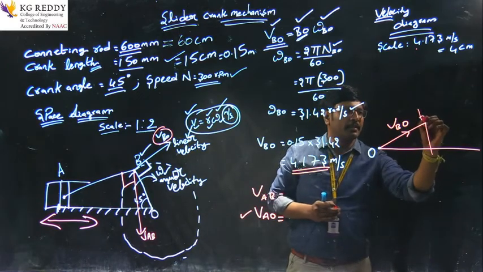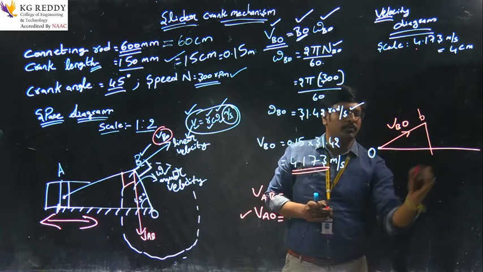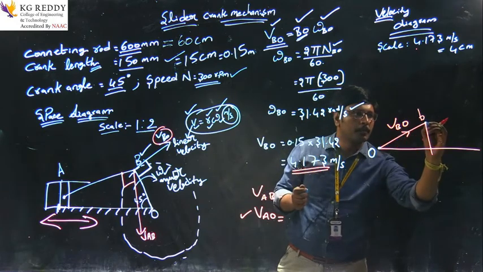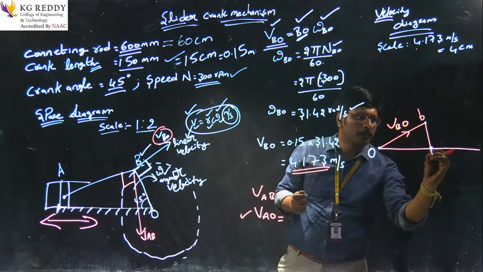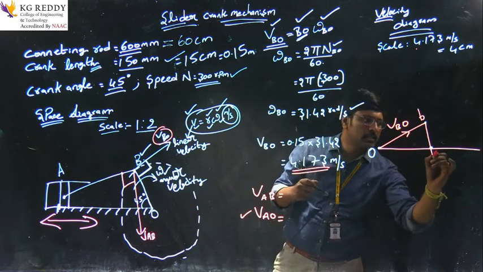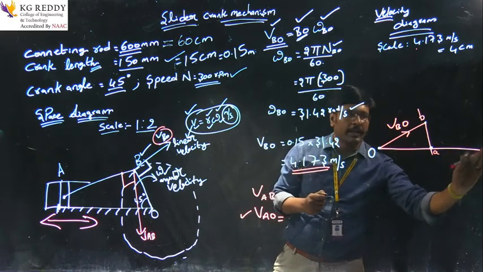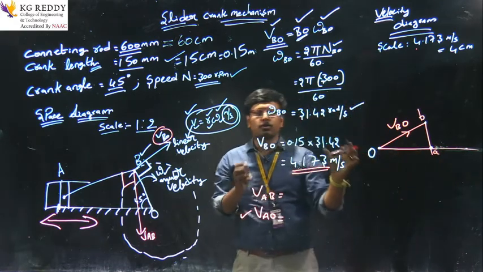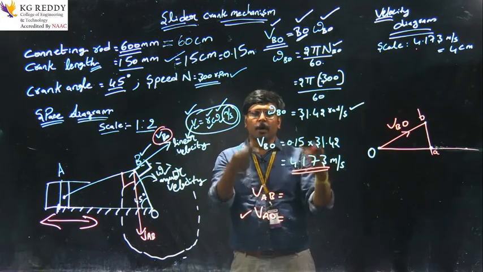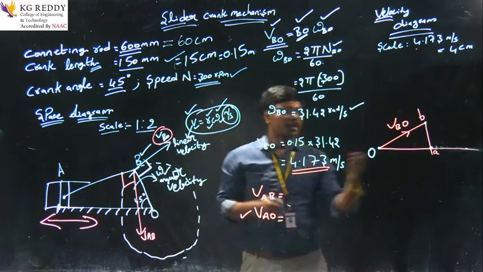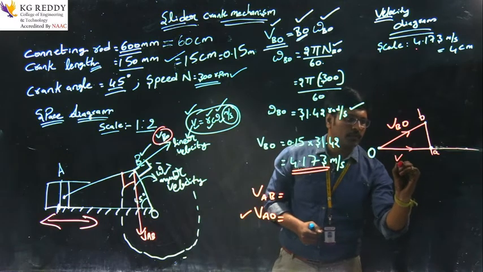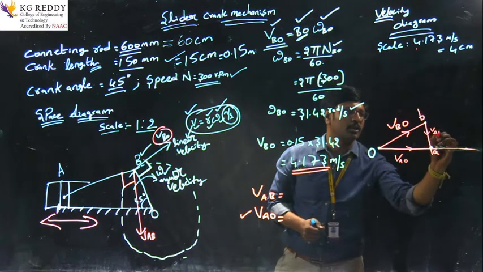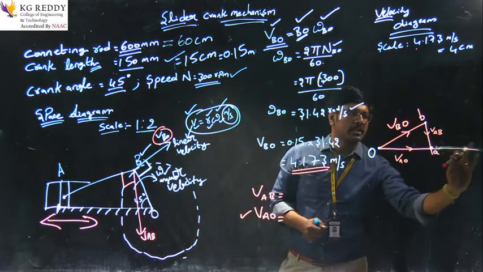This is the point B, and at the intersection of those two lines we get point A. We can forget about the remaining lines. A is nothing but the slider. So this is velocity of A with respect to O, and this is velocity of A with respect to B. Hope you understand this concept.